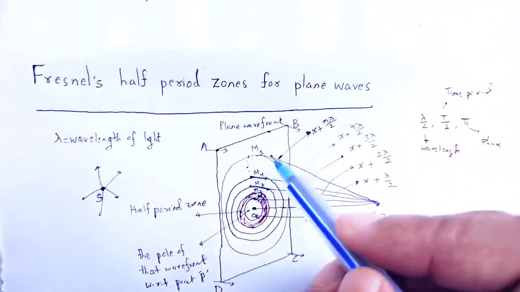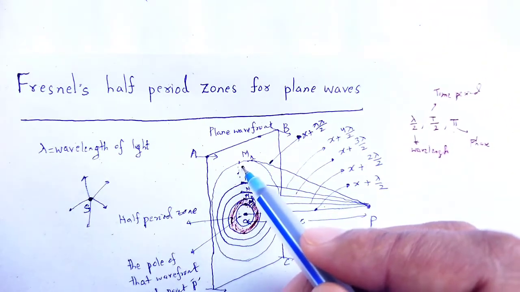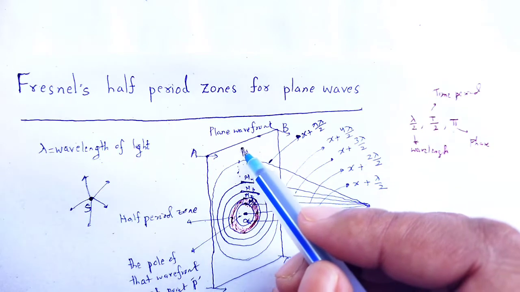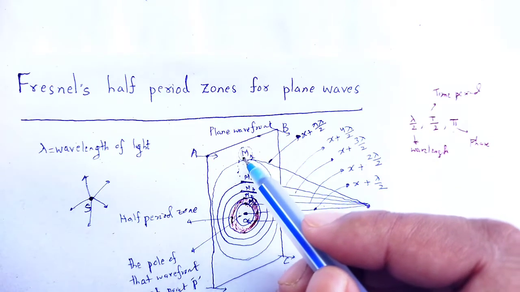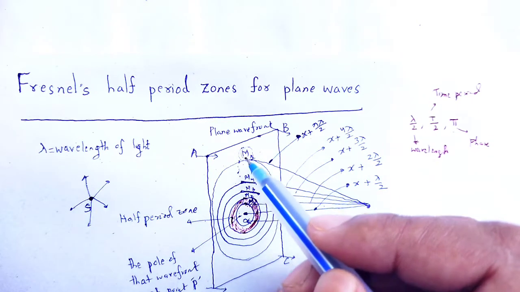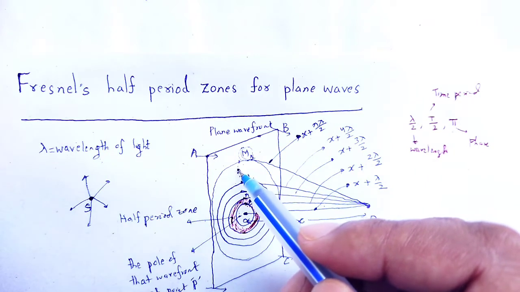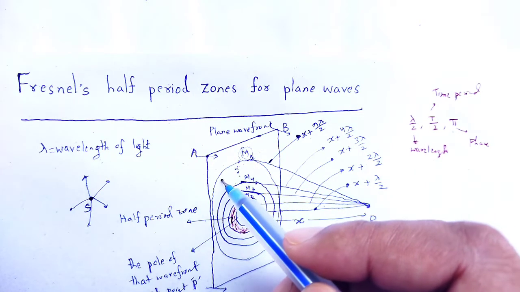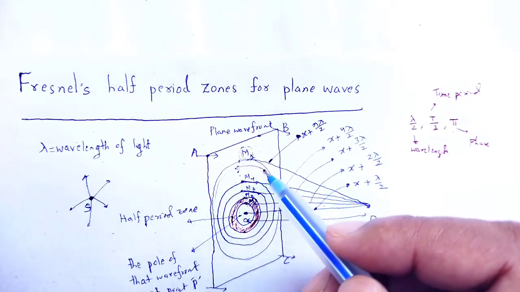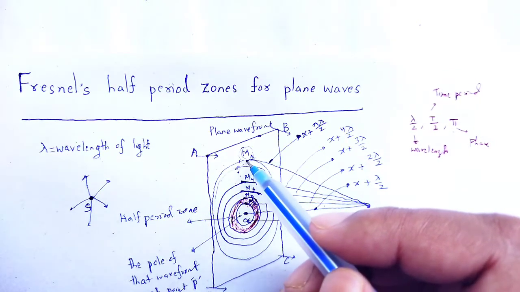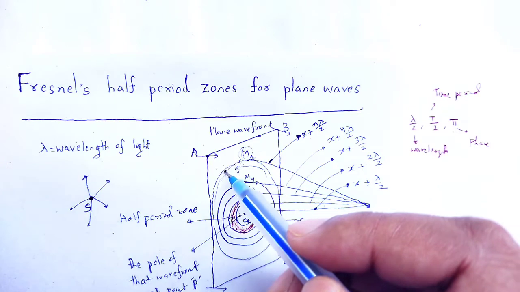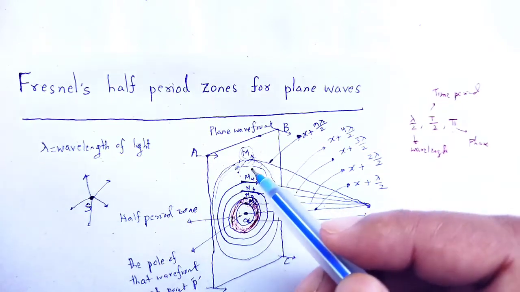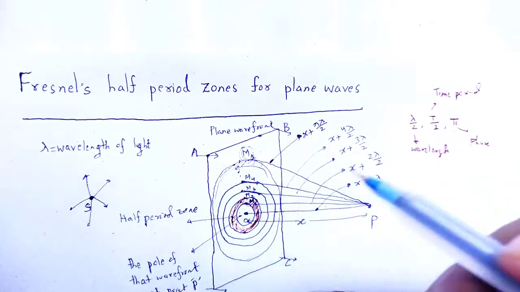If we take the area of nth zone, it is the area in between the circle having the radius OMn and its conjugate having the radius OMn minus 1. So the area in between these two is the area of nth half period zone.